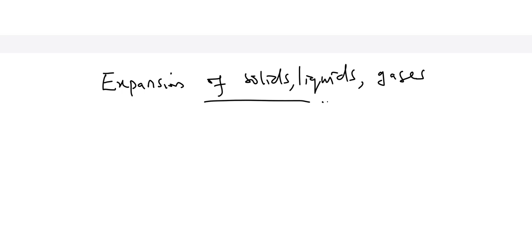Okay, so next is expansion of solids, liquids and gases. If you have a solid object, the original length is L naught, that is, the length from this point to this point.